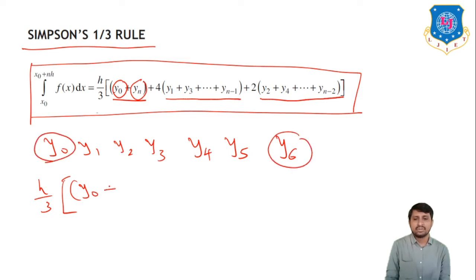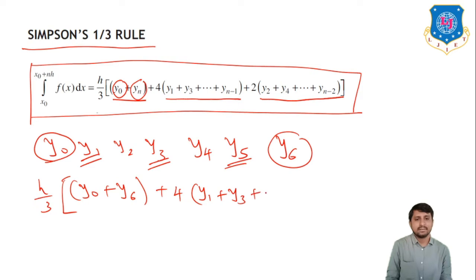That's why you write y0 plus y6 plus 4 into all odd entries, so y1, y3 and y5. You write y1 plus y3 plus y5, plus 2 into all even entries.